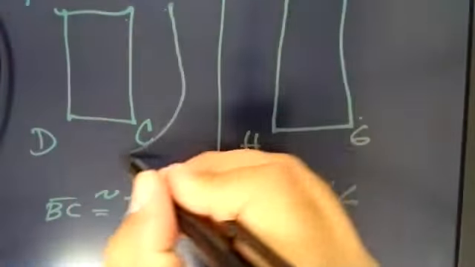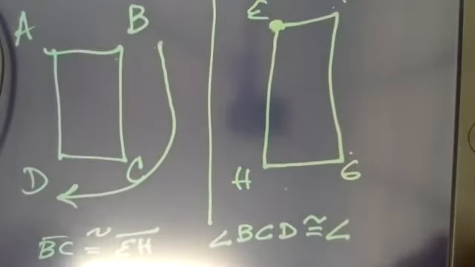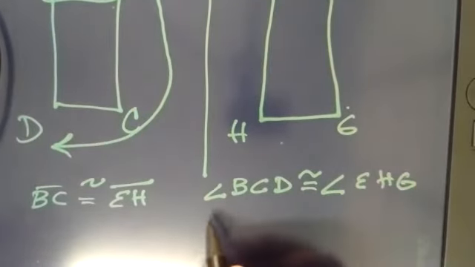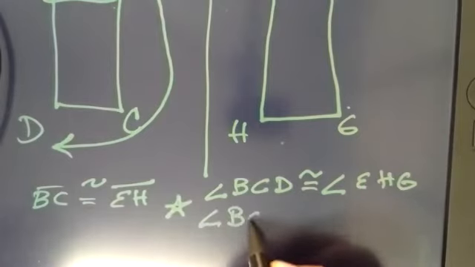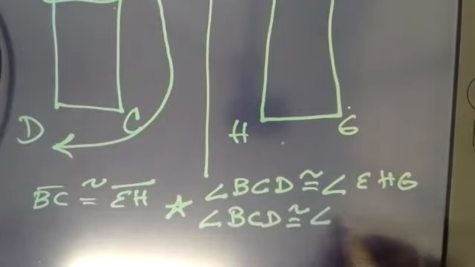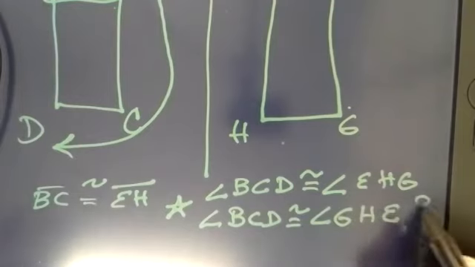And I like doing this. EHG. Good. But can we also say this, guys? This is very important. Please pay attention to this. Can I say this? BCD is congruent to angle GHE? Can we say that?